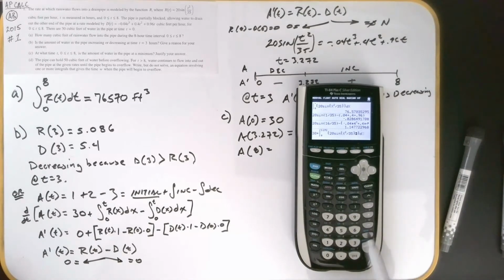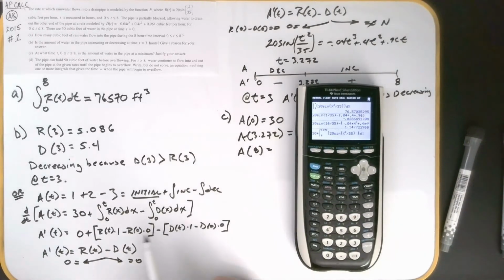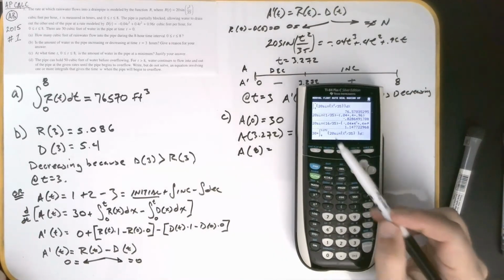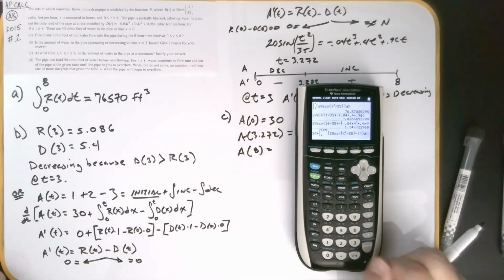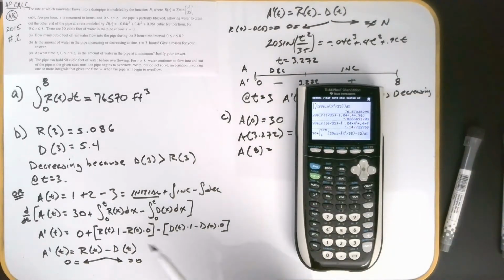Now, because these functions right here are the same interval, I'm going to go ahead and put in the d function into here. So I'm hoping that doesn't confuse you. Because the interval is still 0 to 3.272, I'm just going to go ahead and do minus, and then I'm going to put in the next function, which is the d of t. And so the d of t function is, you got to make sure you keep track of your negatives here. It's minus a minus, so I'm going to put in my negative here.